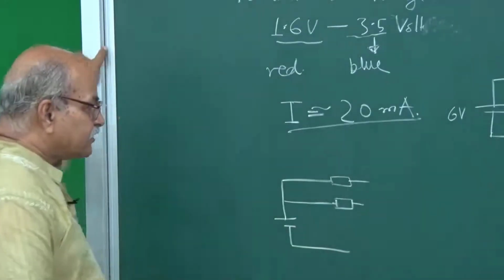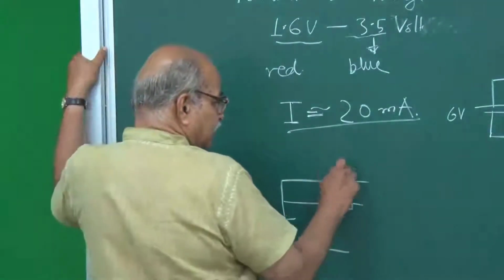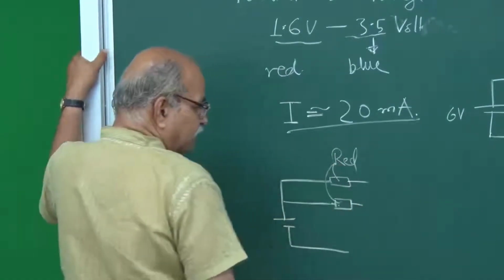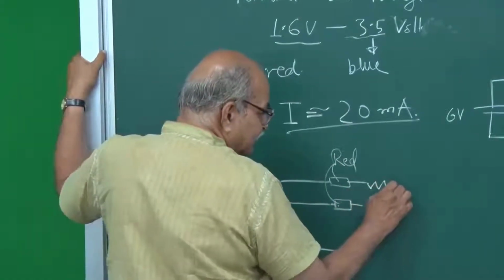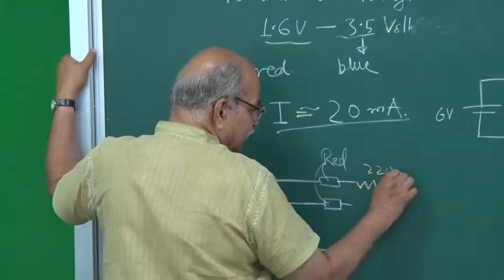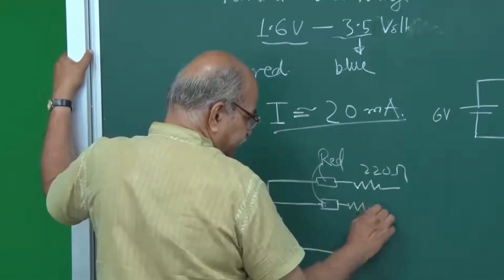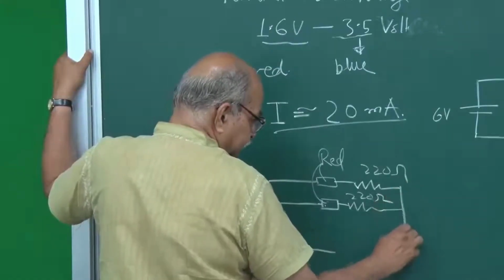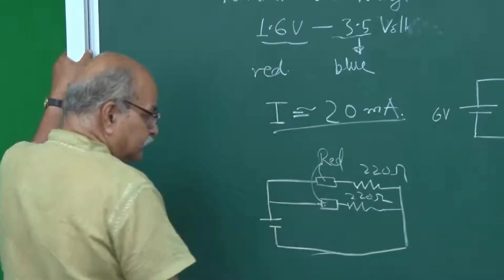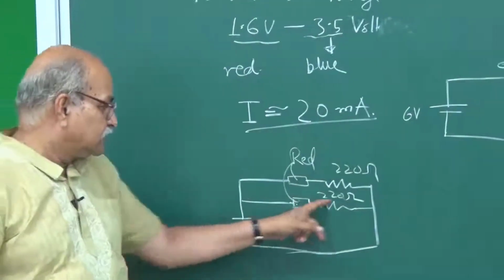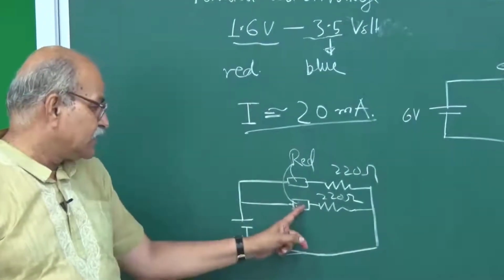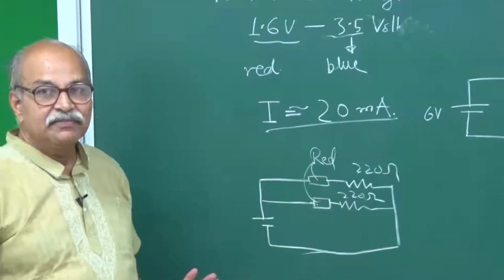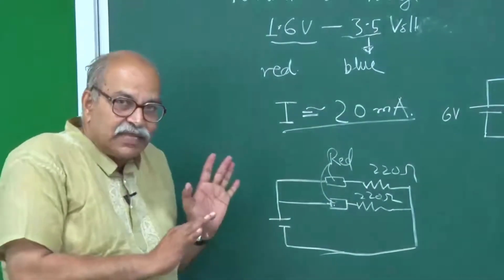If both of them are red, then to protect them separately you will need a 220 ohm resistor here and a 220 ohm resistor here, so that this branch ensures that 20 milliamperes goes here, and this branch ensures that 20 milliamperes goes here. So these things one should take care of.